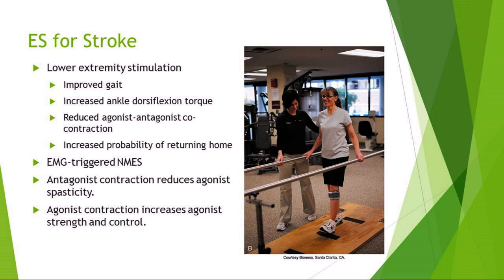So when you're doing it specifically for stroke, you can use lower extremity stimulation to improve gait, to increase ankle dorsiflexion torque, and to reduce agonist-antagonist co-contraction with synergy patterns. And a lot of times you can increase their probability of returning home independently using this electrical stimulation.